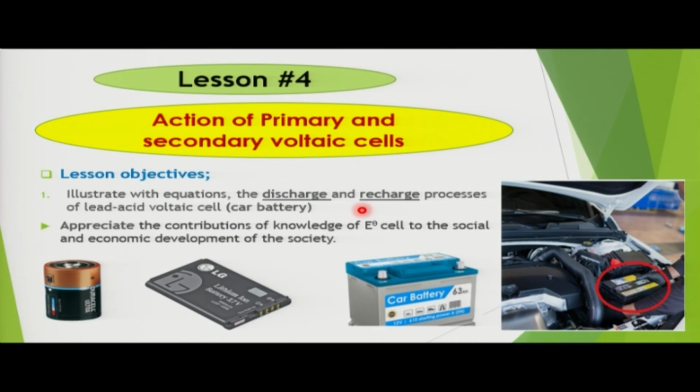What exactly happens when the car battery gets exhausted, and how can you recharge it to regain its potential? Majority of you have cars at home, so we're going to be looking at that. What happens if you're along the way and your battery gets exhausted? Would you crash and sleep in the car? What do you do? That is what we shall be looking at today.